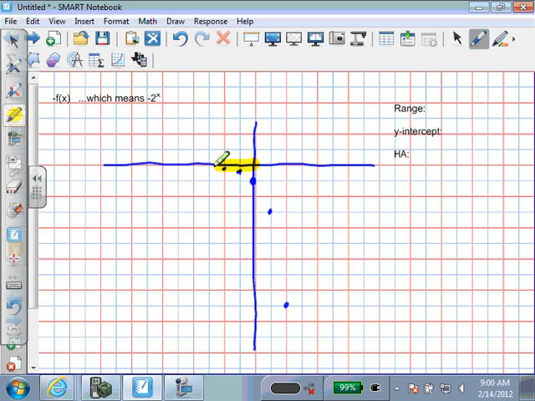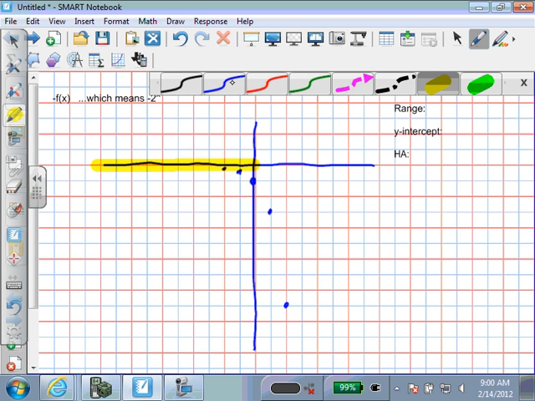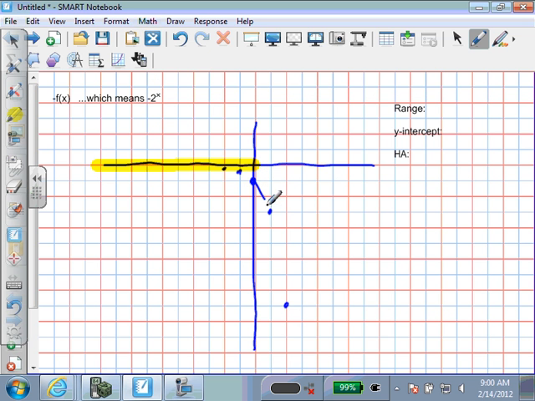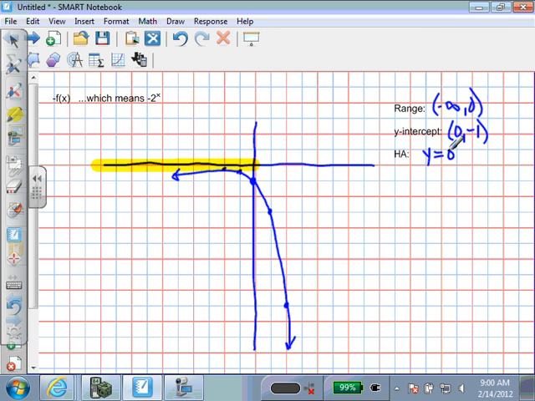My horizontal asymptote, which was at y equals 0, is still at y equals 0. And my graph is now going this way. So my range is now negative infinity to 0. My y-intercept is now 0, negative 1. And my horizontal asymptote is at y equals 0.